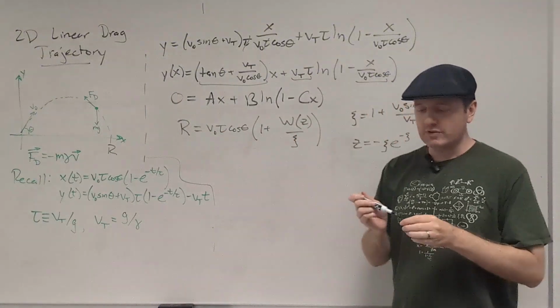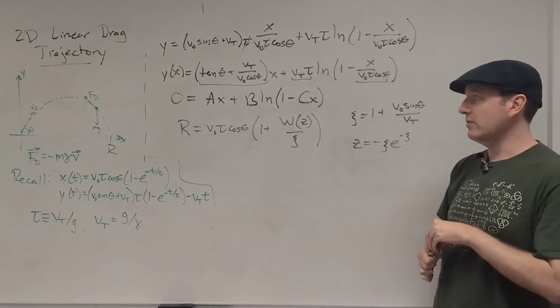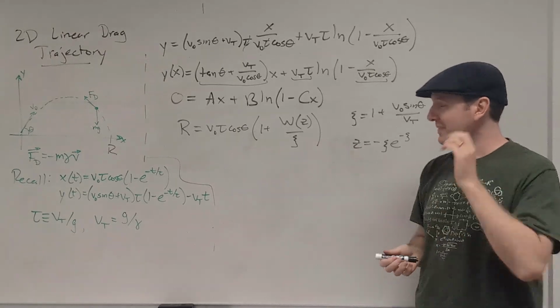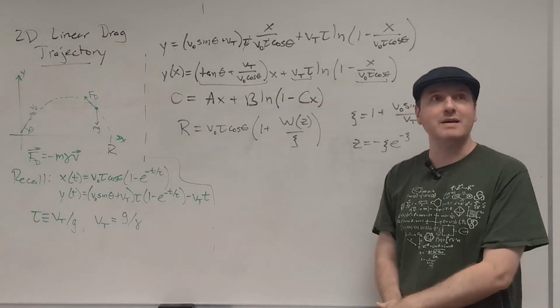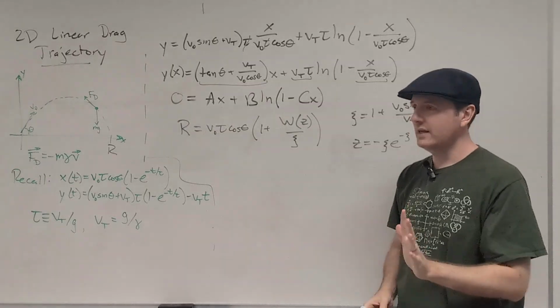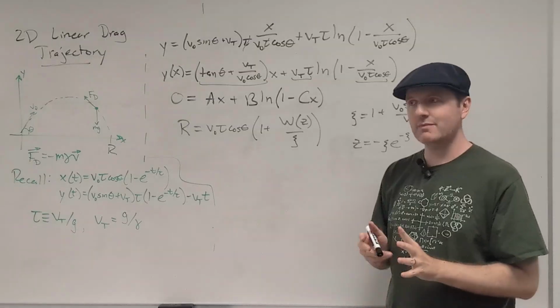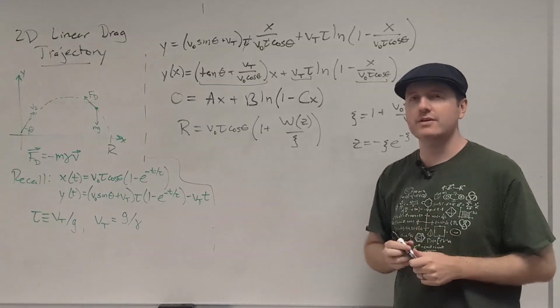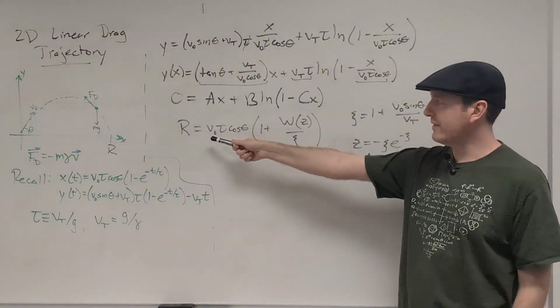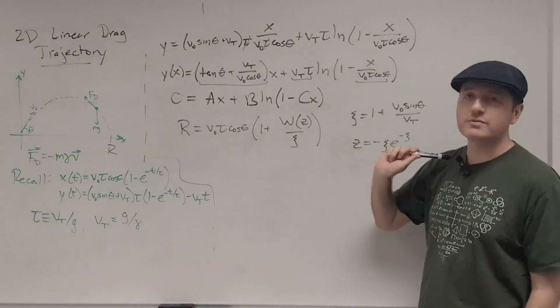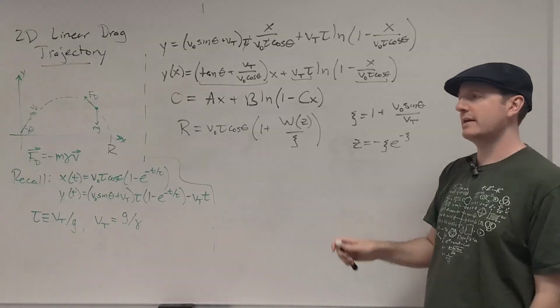Often what we do next is we try to maximize the range. What angle gives me the largest range? Now, at first blush, this seems really hard, maybe even impossible. Not entirely so. It's going to be tricky, but not as tricky as you might think. Do not use this. You could try to take the derivative of this, set to 0. You're going to need to know some interesting properties about the derivatives of the Lambert function.